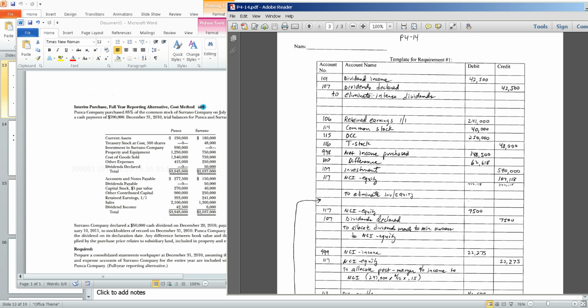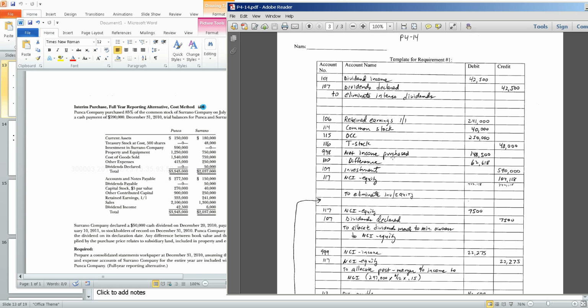So we need to prepare a consolidating worksheet entry to eliminate the dividend income recognized in the accounting records of the parent, and to offset that against the dividends declared on the sub's accounting records. So we're offsetting this $42,500 against this $50,000, and that's what this first entry does.